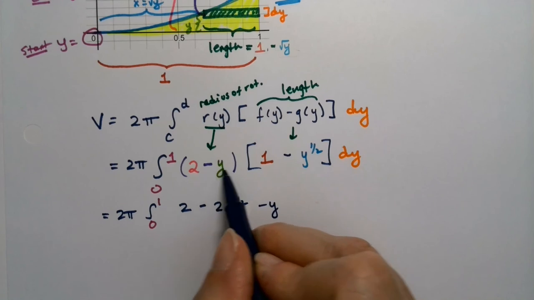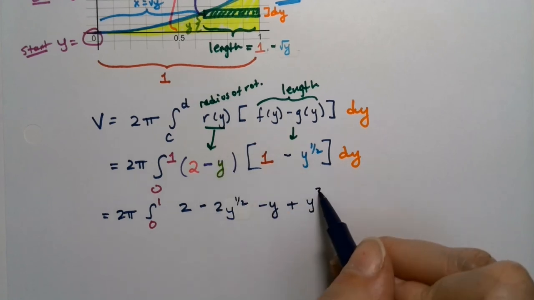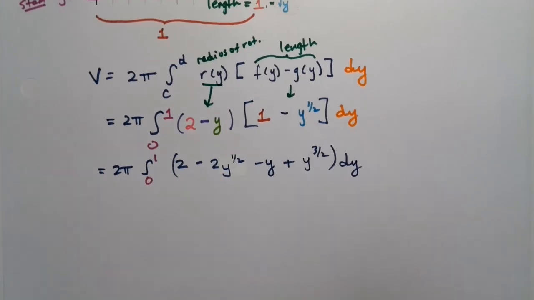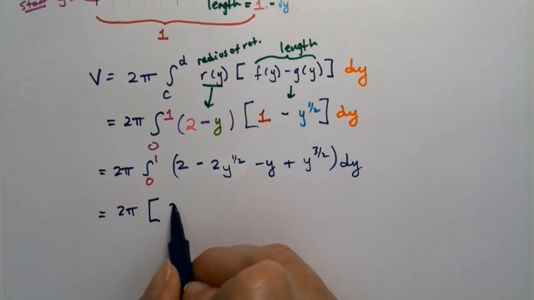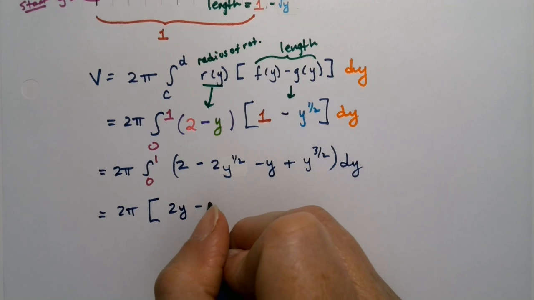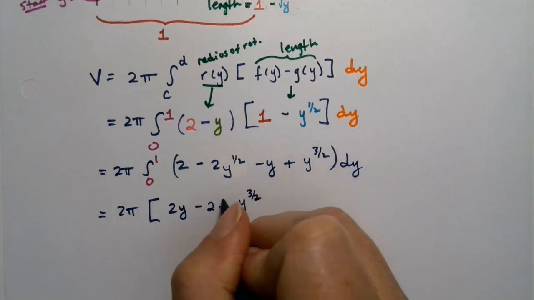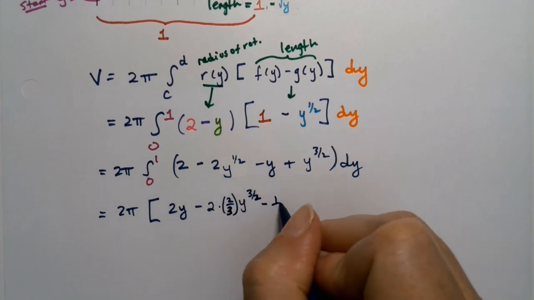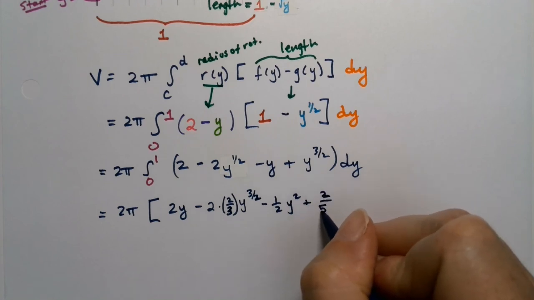Minus y plus y to the 1 times y to the half makes y to the 3 halves dy, which is 2 pi times 2y minus 2 times y to the 3 halves times 2/3. Oop, that's a 3. Minus 1/2 y squared plus 2/5 y to the 5 halves.